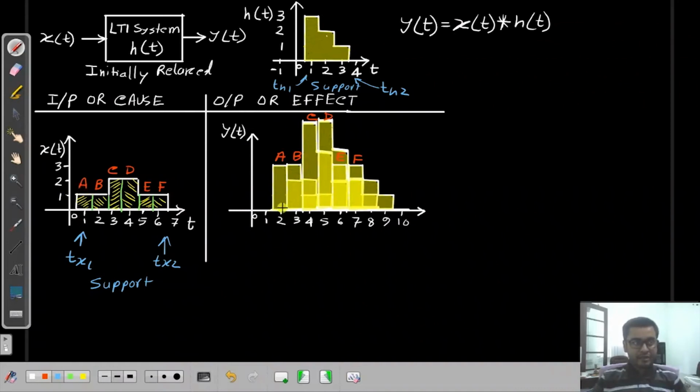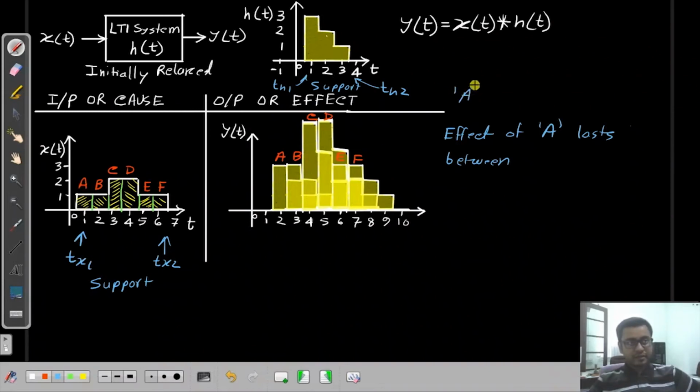Now when you convolve x and h, then portion A will have its effect from here to here. The effect of A lasts between... so this part A, when this is very narrow, if you slice them with very narrow slices, then A is at point tx1.